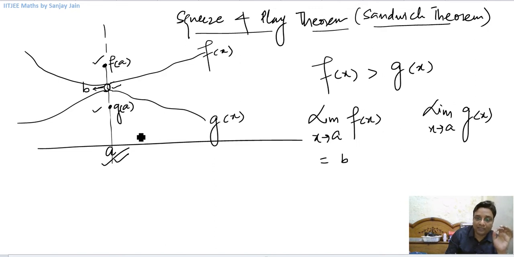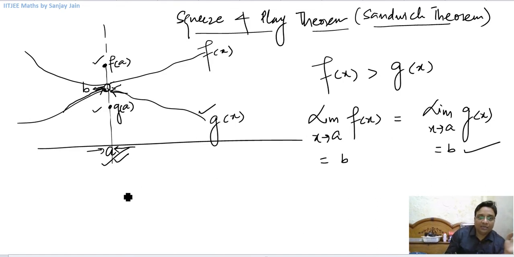When x approaches a, where does this graph go? When x approaches a, from here or here, the graph g of x approaches this point, right? This is how we look at the limits. So the graph of g of x also approaches b. So this value is also b. So both these limits are equal and equal to b, right?